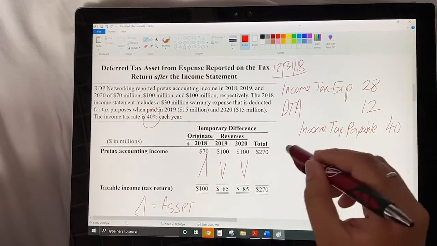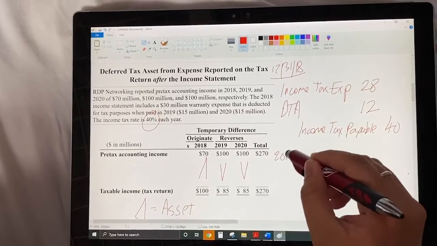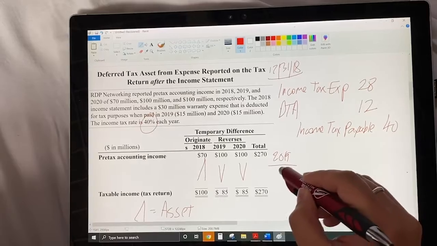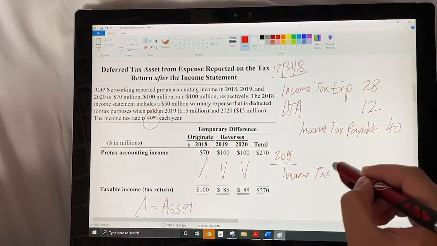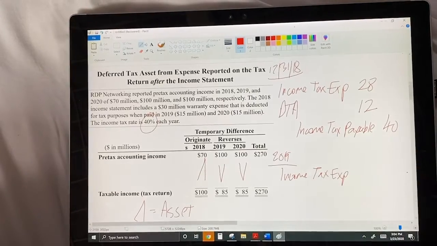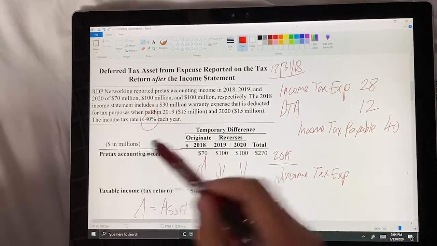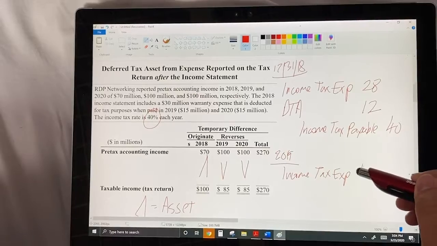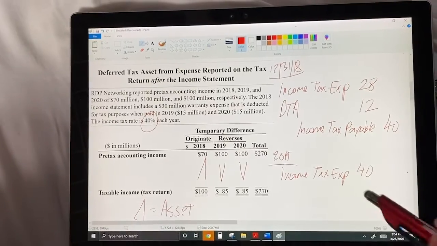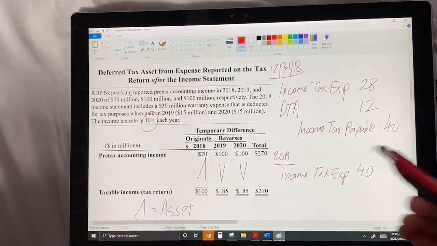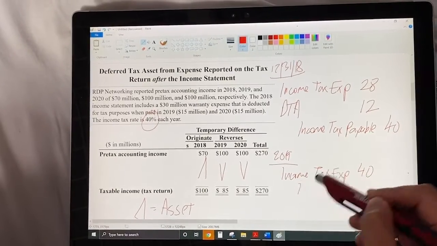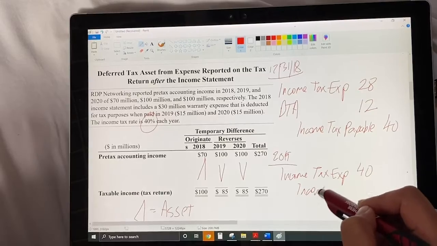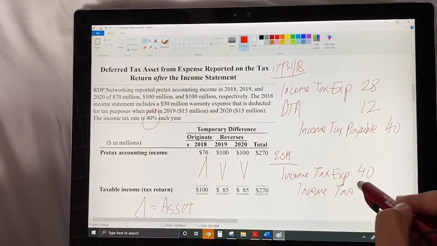So in 2019, you have income tax expense, and that's going to be 100 times the 40%, which is 40. And then you have your DTA, or you can do income tax payable.